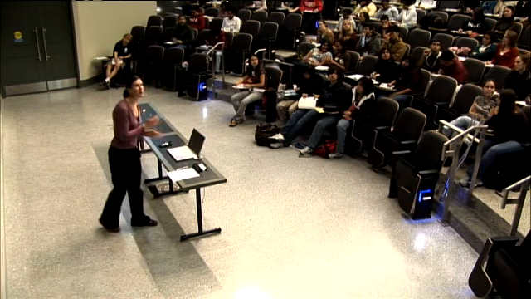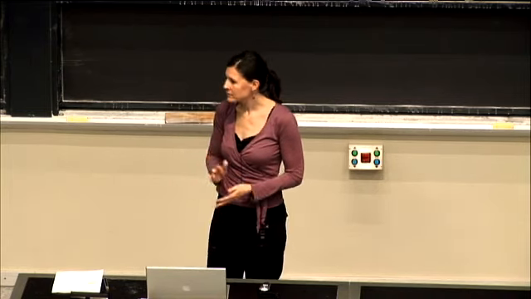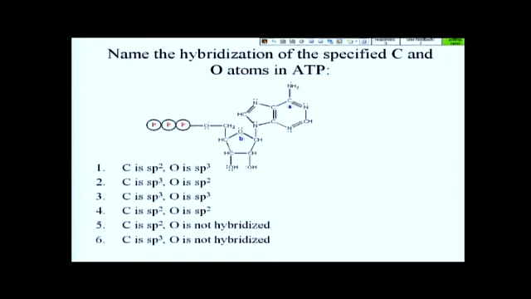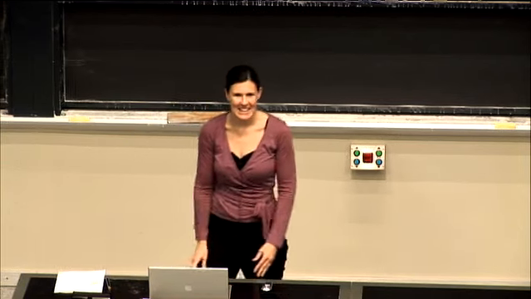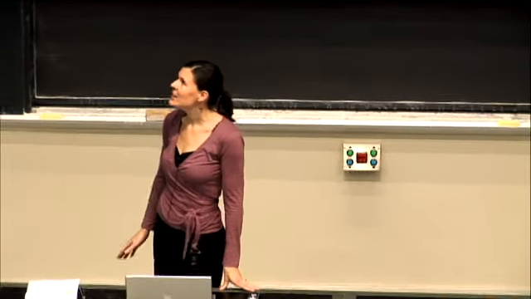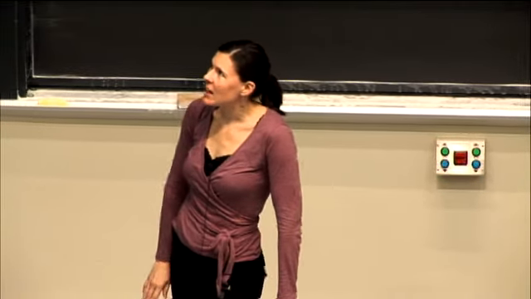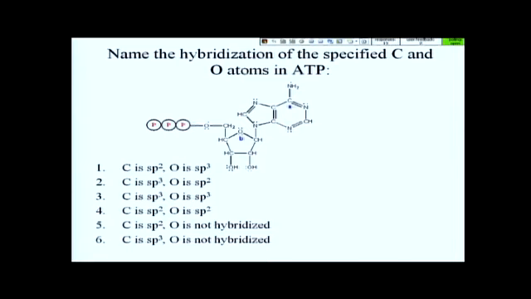All right, let's try one more clicker question here. We'll have this be the last one for you. So this is one that hopefully you'll all get right because we've gone over this again and again, both in class and recitation. So let's talk about the hybridization of the specific carbon and oxygen atoms in ATP.